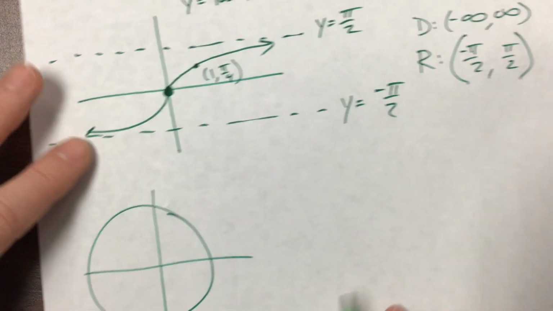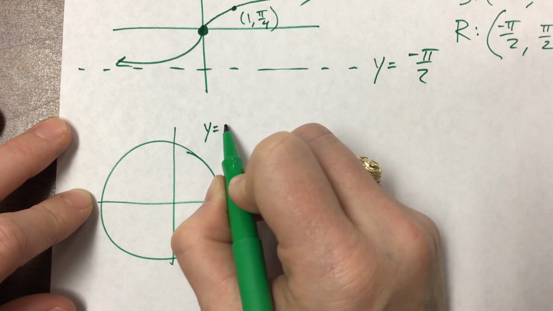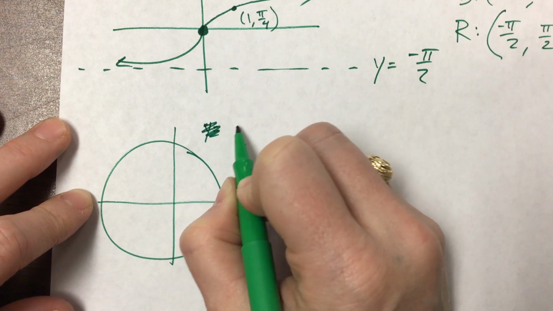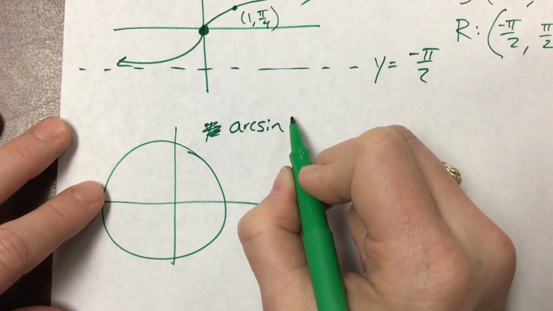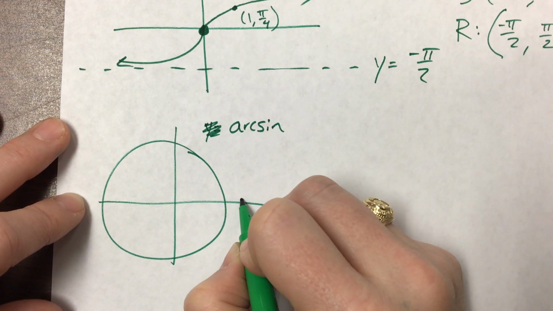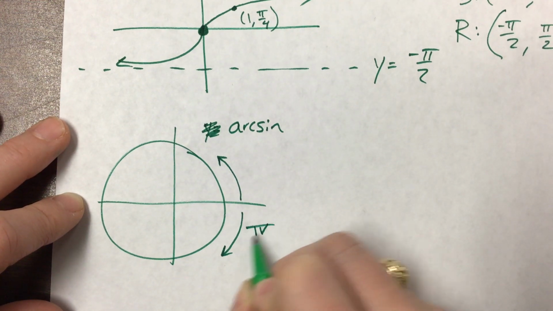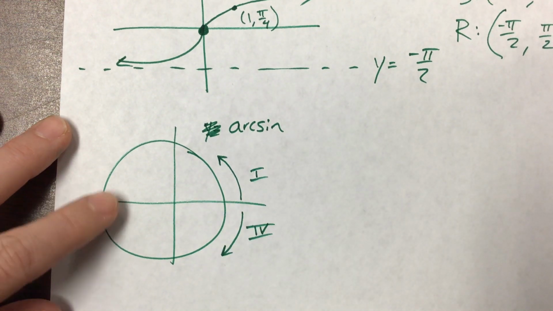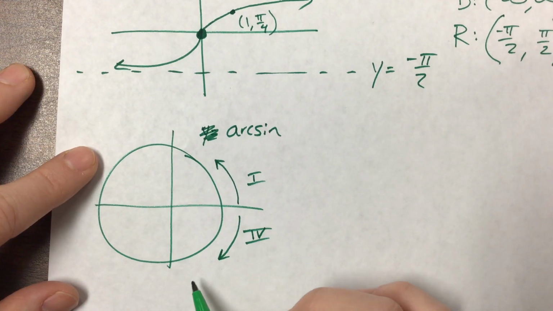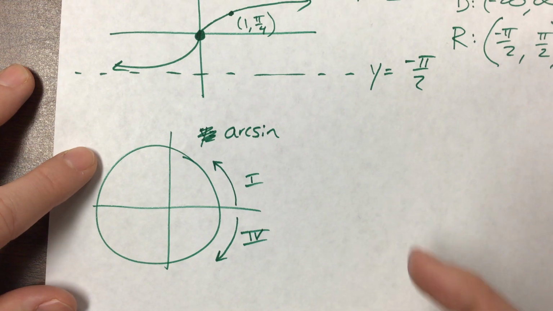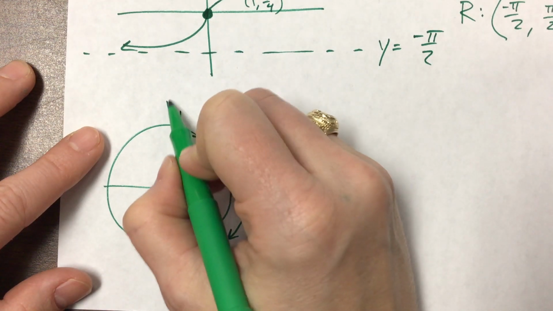When I'm thinking unit circle, and I'm trying to figure out arcsine of something, I want to live in quadrant 1 in the positive direction and quadrant 4 this way, because arcsine has a range, or we restrict the domain of sine, from negative pi over 2 to positive pi over 2.